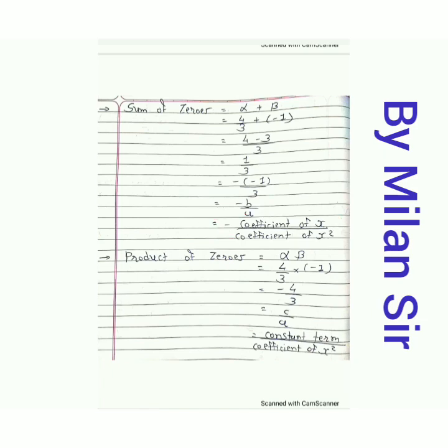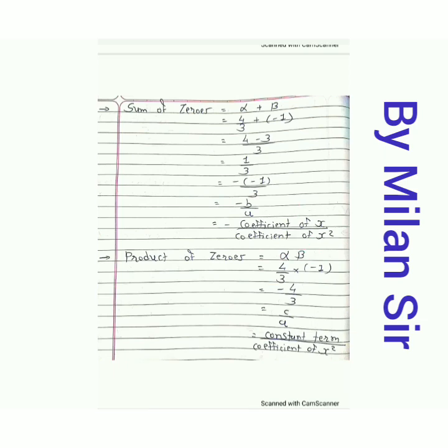Then the product of zeros. Product of zeros means multiplication of both the zeros, alpha and beta. So alpha multiply beta. So 4 by 3 multiply minus 1. Now here the multiplication process is there, so no need to take the LCM.